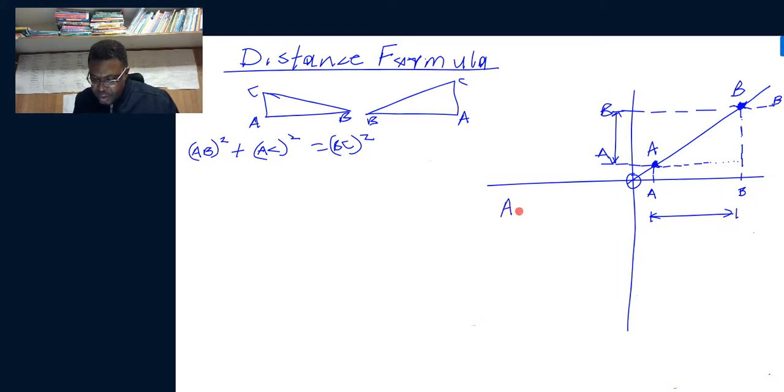We know that A has these coordinates: xa, ya, and I'm rushing to point B, by the way, xb, yb.